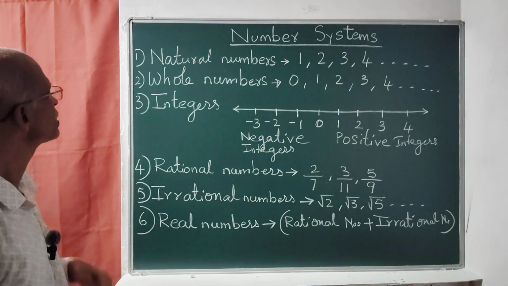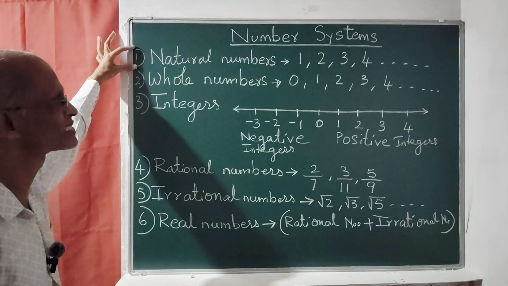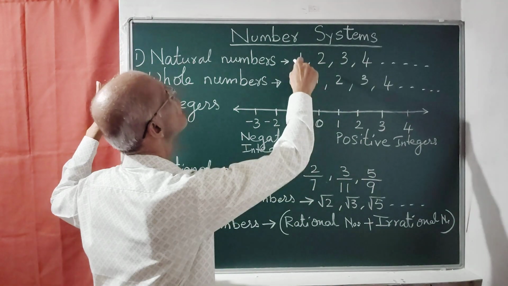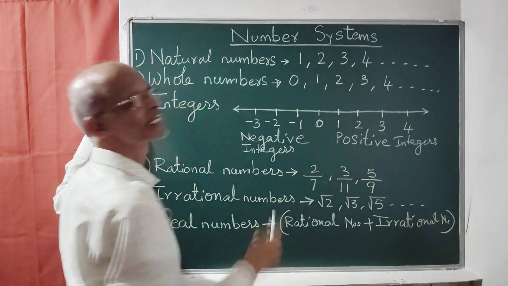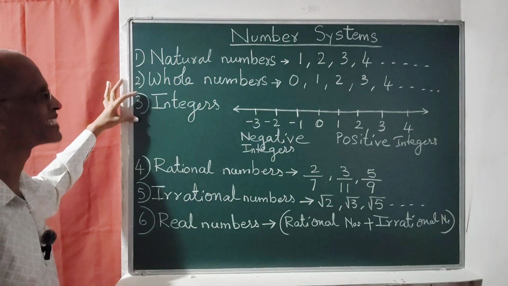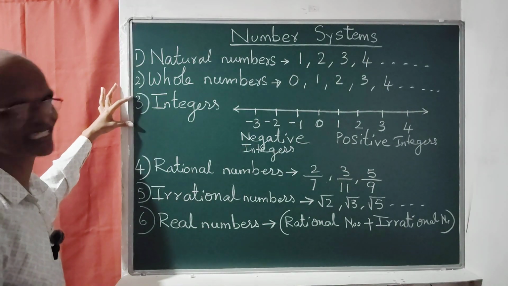Now, see, all natural numbers can be called integers because all these numbers come under integers. So we can call all natural numbers integers, and all whole numbers also can be called integers.